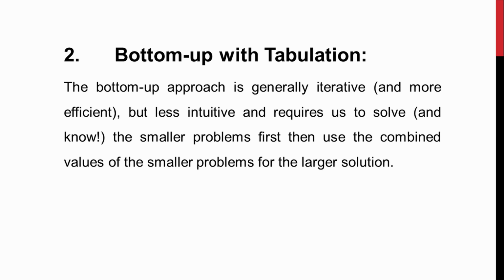Based on the results in the table, the solution of the top or original problem is then computed. Tabulation is the opposite of memoization. In memoization, we solve the problem and maintain a map of already solved subproblems. In other words, in memoization, we do it top-down in the sense that we solve the top problem first.